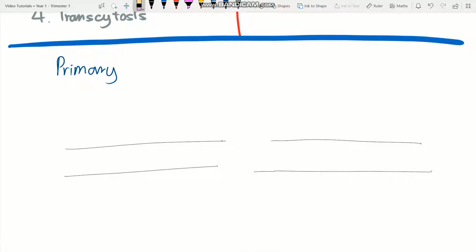So this pump, if it is open to the inside of the cell, will look something like this.